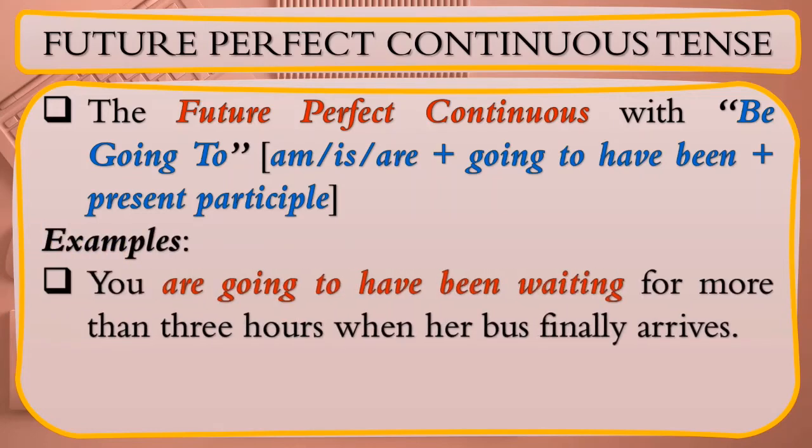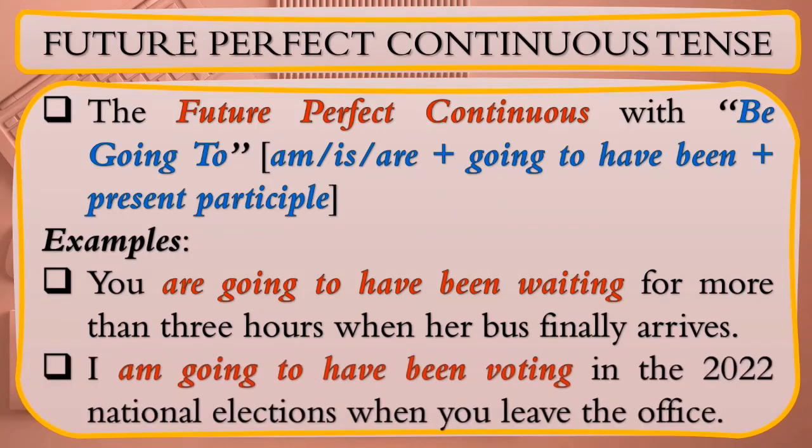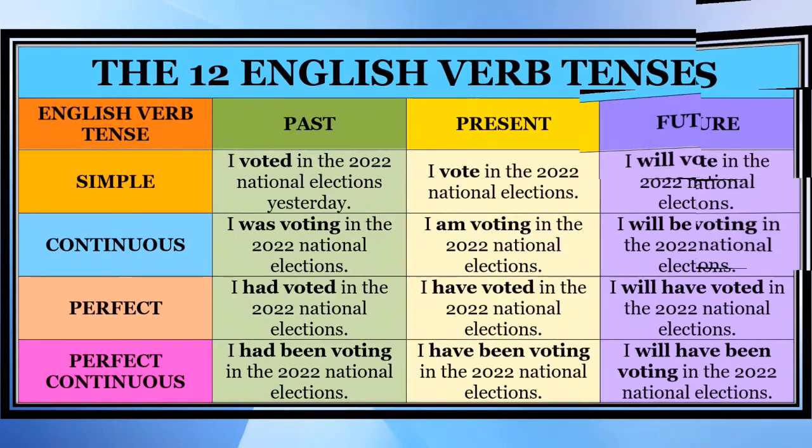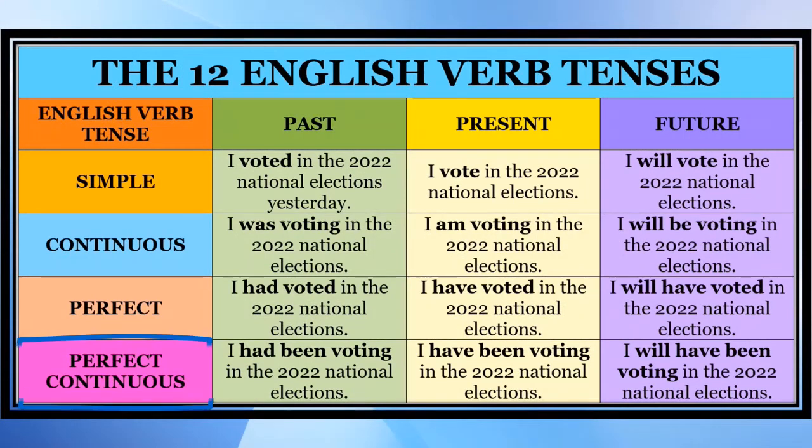Examples: You are going to have been waiting for more than 3 hours when her bus finally arrives. I am going to have been voting in the 2022 national elections when you leave the office. Those were the perfect continuous tenses.